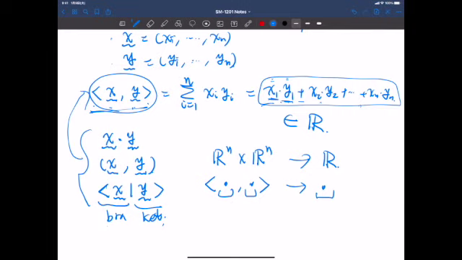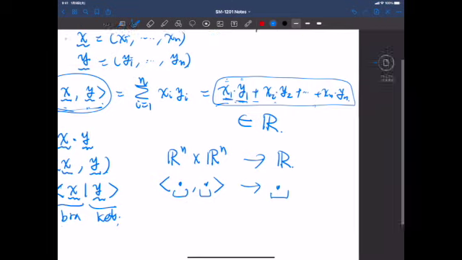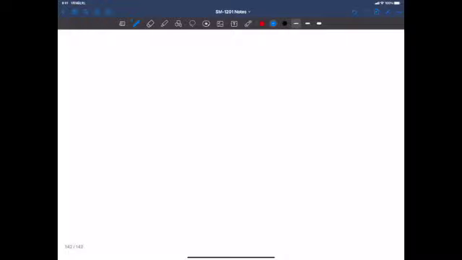Now you should see that this scalar product and the length of vectors are closely related to each other. For example, we have this relation. The scalar product of x with itself is equal to the square of its length.